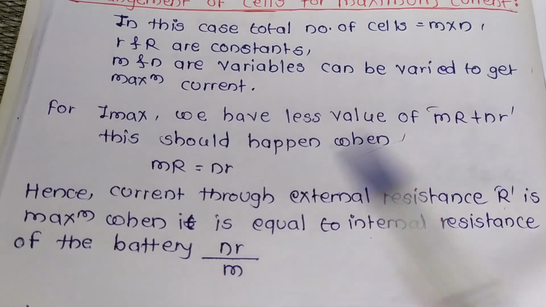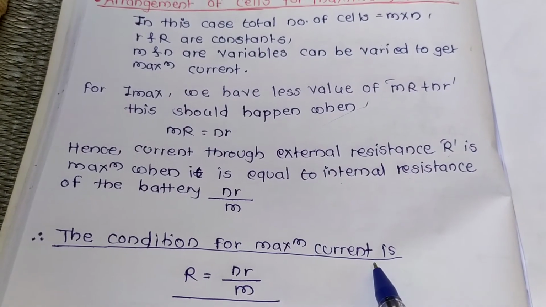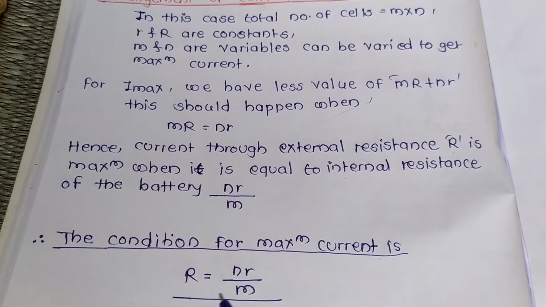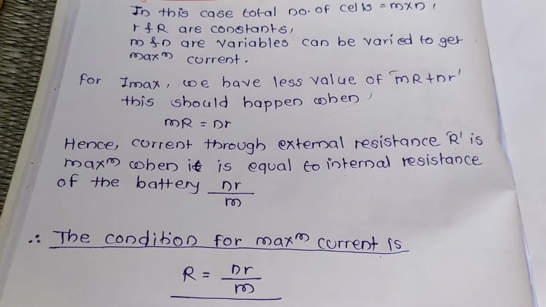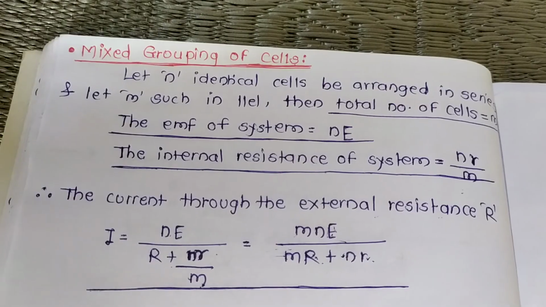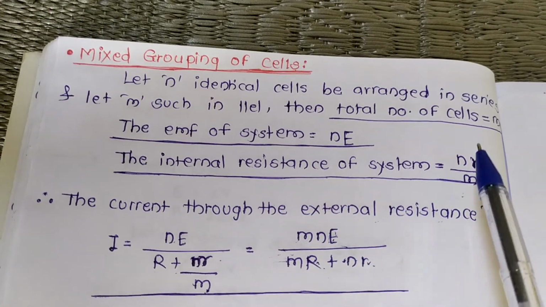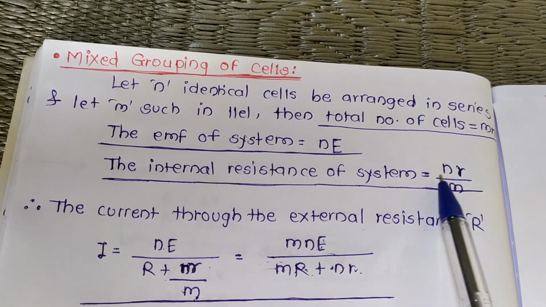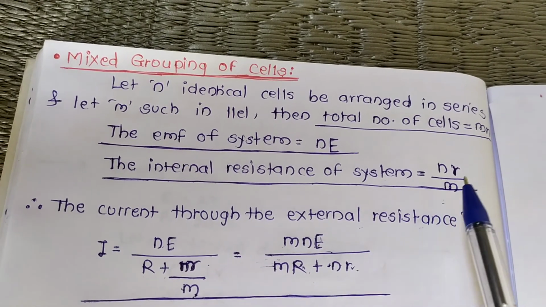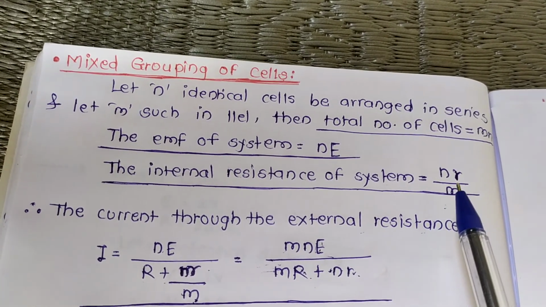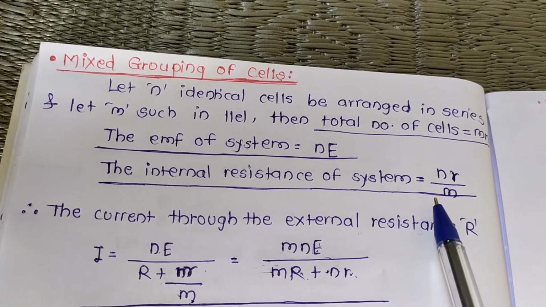Hence, the condition for maximum current is capital R is equal to n r divided by m, which is equal to the internal resistance of the system, n r divided by m. But for maximum current, we take m R is equal to n r.